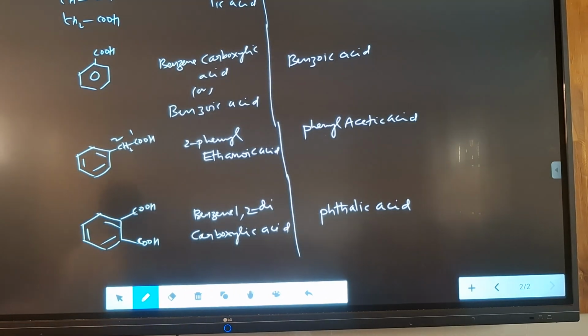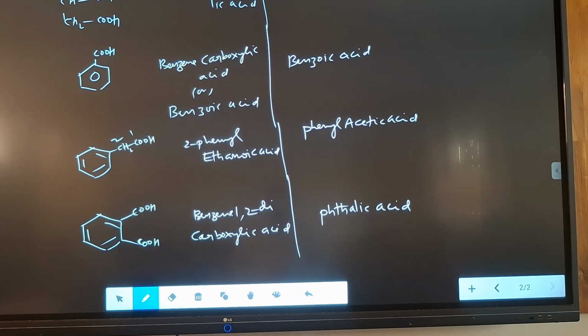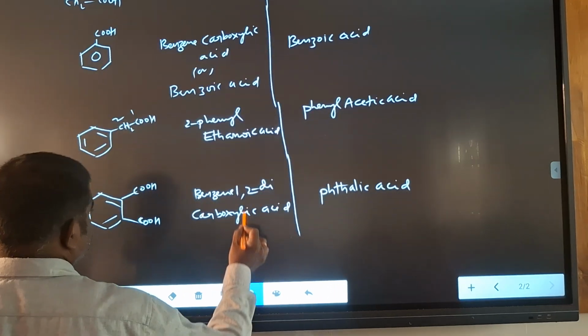Understood? Here, benzene and COOH is called benzoic acid, and benzene and CH2COOH is called 2-phenyl ethanoic acid, also known as phenyl acetic acid. 2 COOH groups attached to the benzene ring is known as benzene 1,2 dicarboxylic acid, also known as phthalic acid. Now, listen.